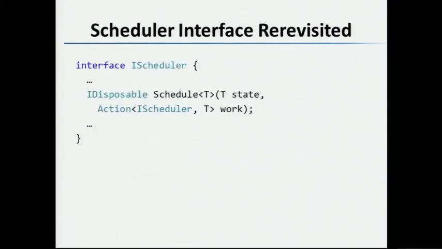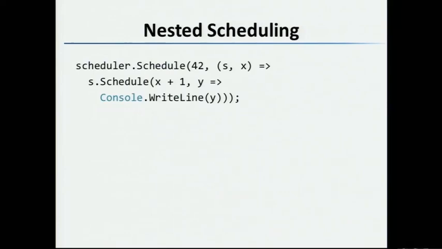And so what we do now is we change the interface again, and we pass into the work an IScheduler value. That IScheduler represents the local version of the scheduler. So now, instead of using scheduler here, we use S, which is the scheduler, but the inside-the-box version, for how to reschedule once you're already inside the scheduler.